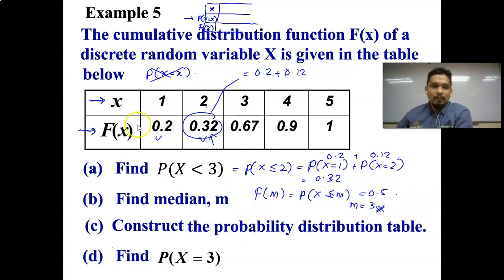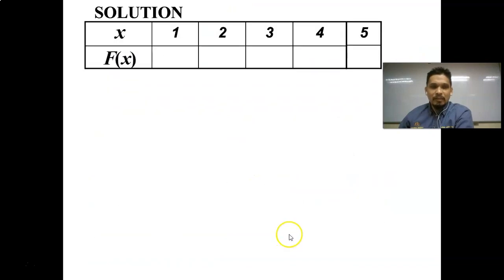Okay, now from this table we're going to construct the probability distribution table. So look at this carefully.